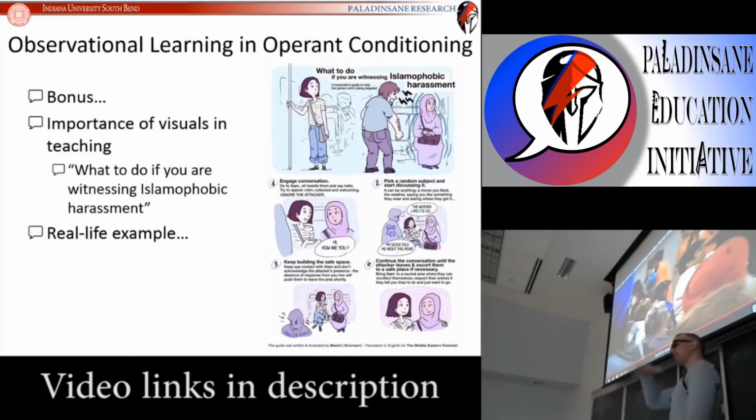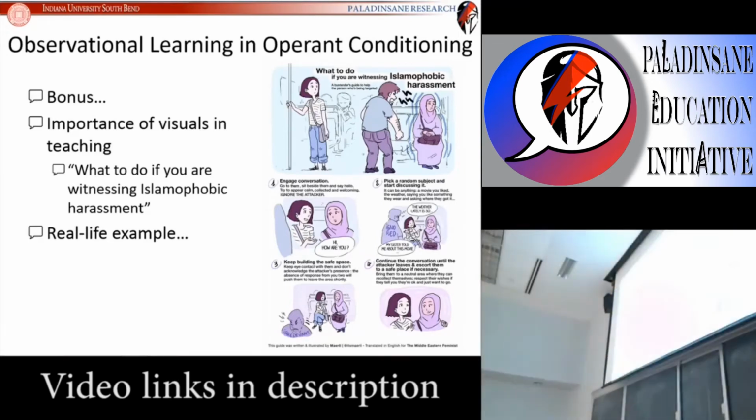Every single time he modeled calmness, every single time he modeled being welcoming, she became more calm, she became more welcome. Every time one of his aides got in her face and basically said, you got to back up, then all of a sudden the finger came back up and she was like, no, no, no. And it just ramped back up because of that observational learning. So it is a powerful, powerful technique.